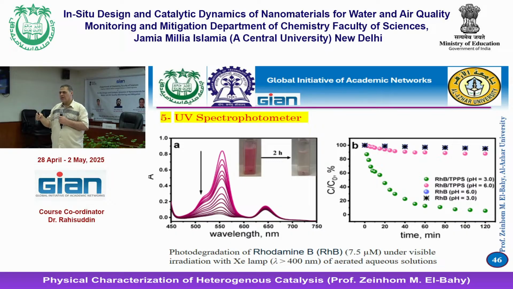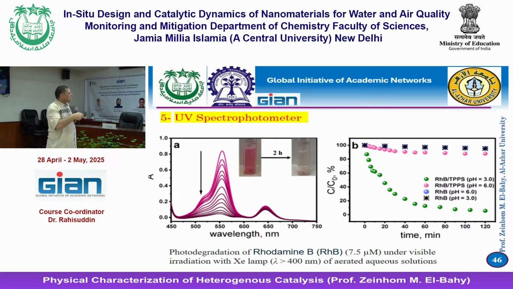I'm sorry, the controlling part is the reaction. If the reaction is very fast, you will have to take more samples at short time intervals. But if the reaction is very slow, you will have to take samples at much longer times.